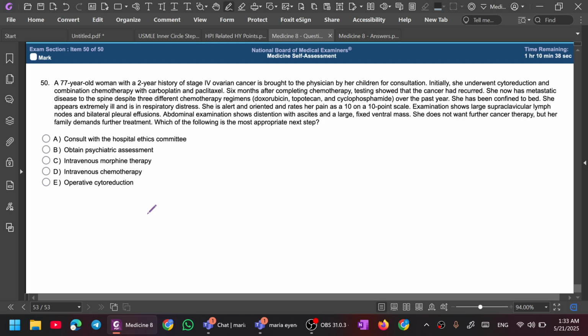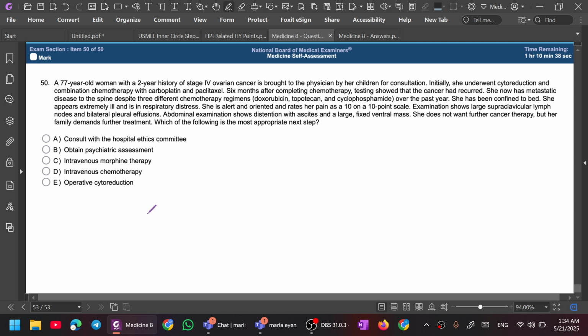Six months after completing chemotherapy, testing showed that the cancer had recurred. She now had metastatic disease to the spine. Despite a chemotherapy regimen of doxorubicin, topotecan, and cyclophosphamide over the past year, she has been confined to bed.